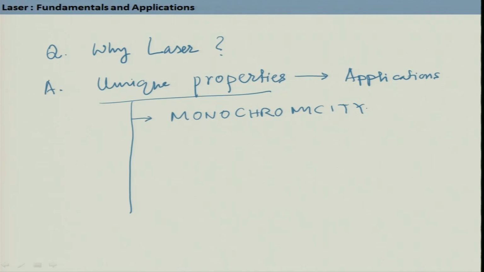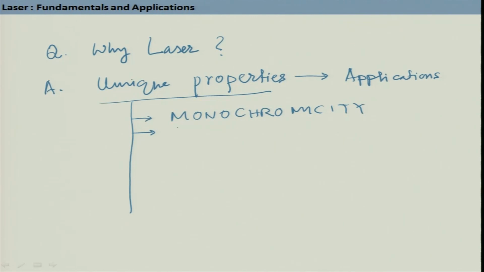That is, the laser light has a very narrow line width. If I look at the spectra of any laser output, it will be really narrow. So, that is called a monochromatic radiation or near monochromatic radiation. Depending on what kind of laser one is looking at, one can get a really monochromatic radiation, which is a big advantage if you want to do certain kind of applications, be it a fundamental type or be it practical real life application.